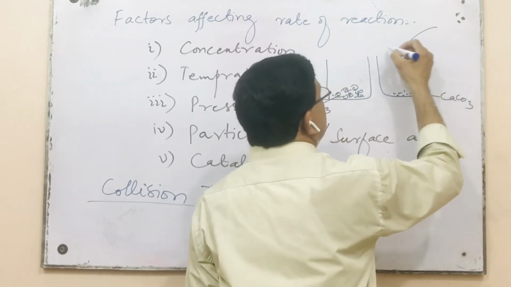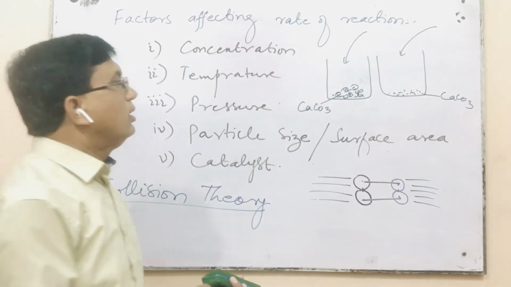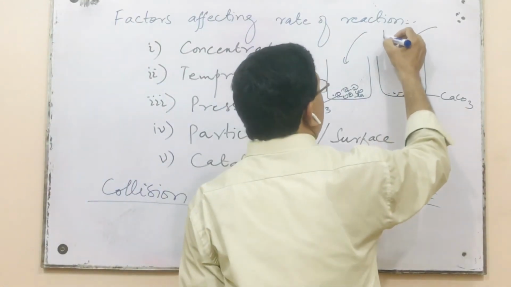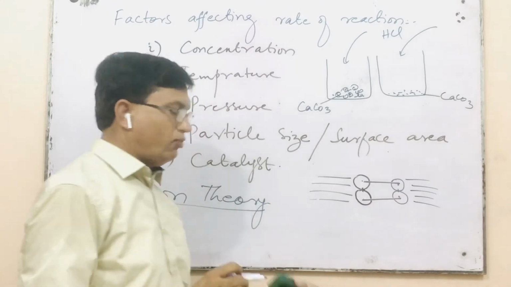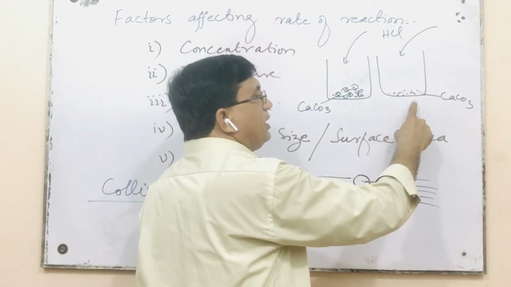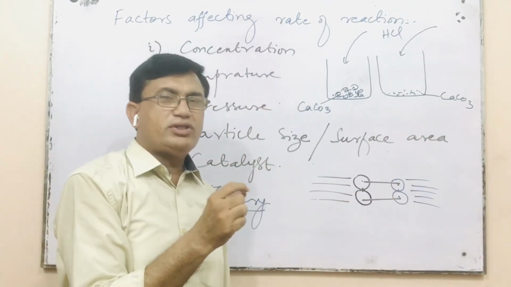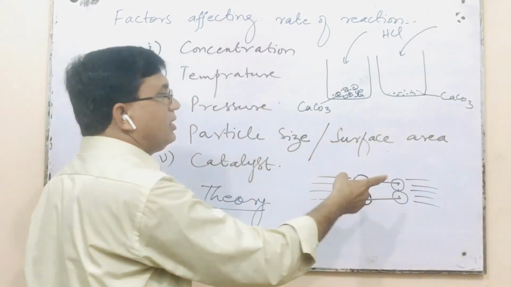If I put the same volume of the same concentration of HCl, what will happen? The second beaker contains powder of calcium carbonate, which has a maximum surface area.